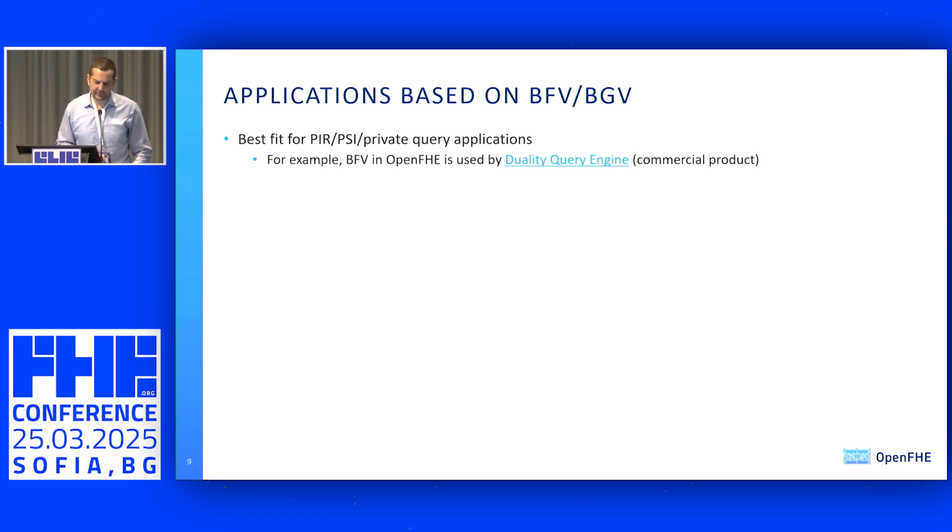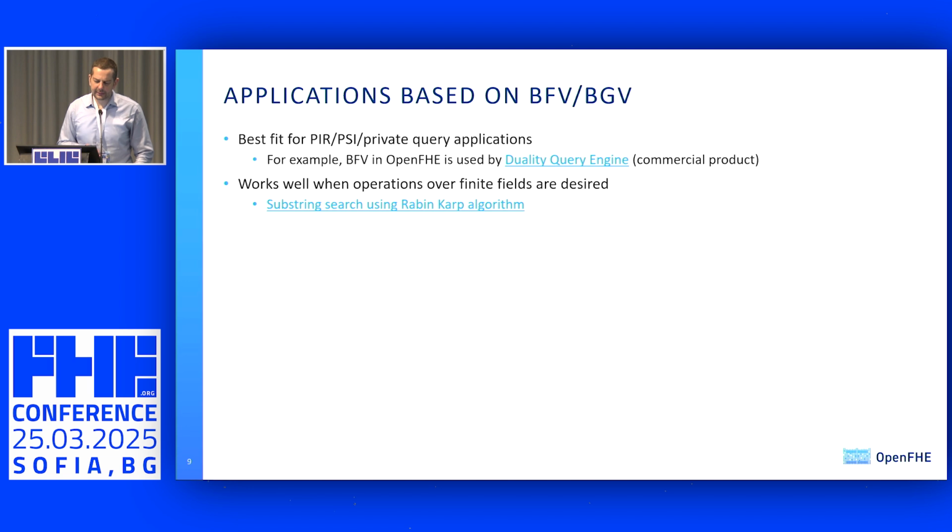There are other solutions, such as APSI. We know that with leveled computations with a relatively small depth, BFV BGV can solve many private query problems. So definitely a good use case for BGV BFV that is also illustrated by some of the applications.